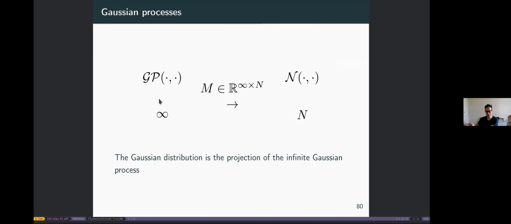This Gaussian distribution, I can then use to draw these function-looking things. The important thing is that independently of which projection matrix I pick, which marginal I pick, this Gaussian distribution is consistent with this process. And that is the cool thing. That is what's called the marginal property.